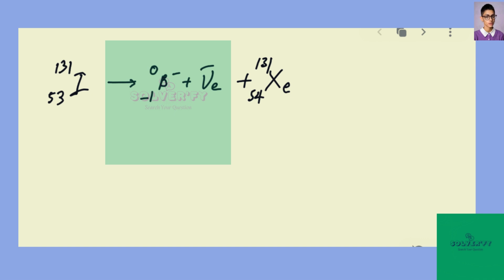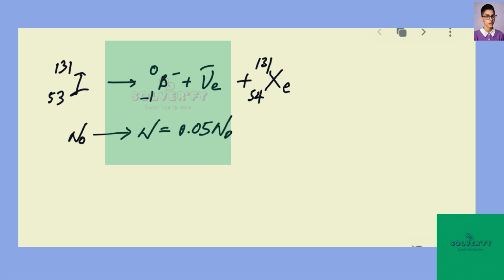Now we are given an unknown amount, say activity or number of nuclide to be n0, and we want to find how long it will take for n0 to decay to 5% of its original value, so that is 0.05 times n0.